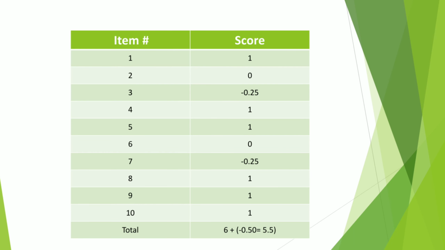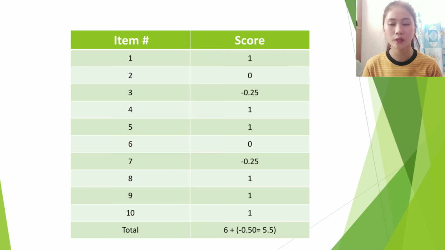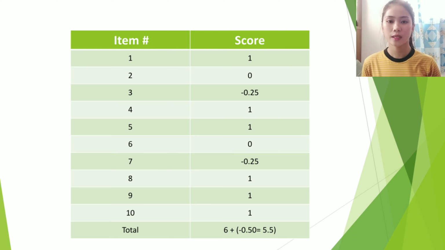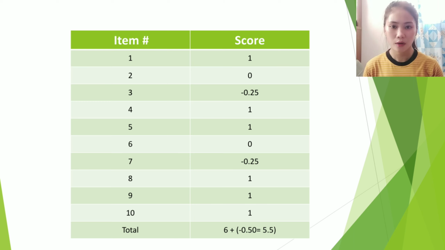See below. As you can see in the table, number 1, meron siyang 1 point dahil tama ang kanyang sagot. Number 2, meron siyang 0 point dahil wala siyang sagot. Sa number 3 naman, -0.25 ang kanyang score. Yung mga choices na pinili niya ay maybe letter A or B or C. And then sa number 4 naman, meron siyang 1 point.